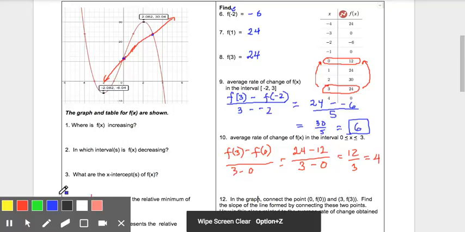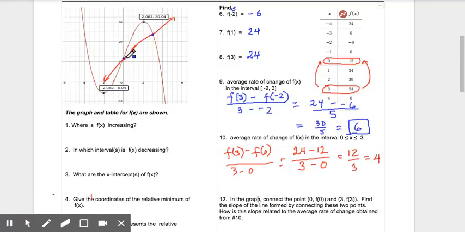So to find the slope, we're going to go from one point to the other. So if this is 12 and I go up to 24, I'm at 12 right here and go up to 24. So we go up to 24. So that means going up by 12 because from 12 to 24.